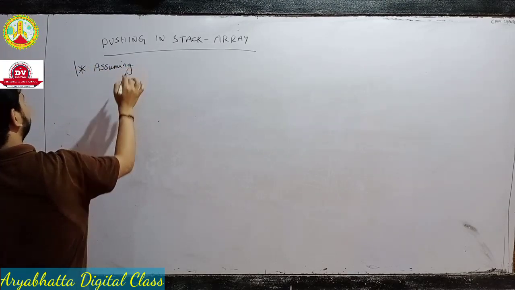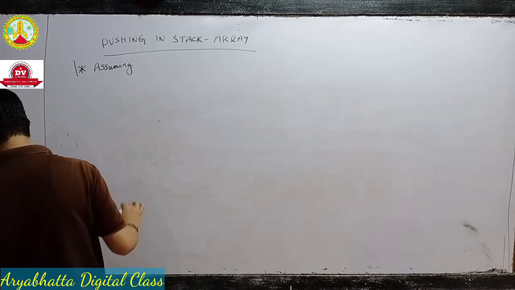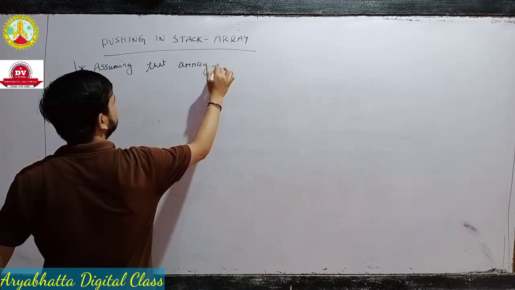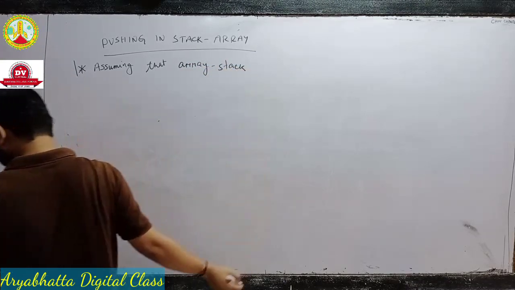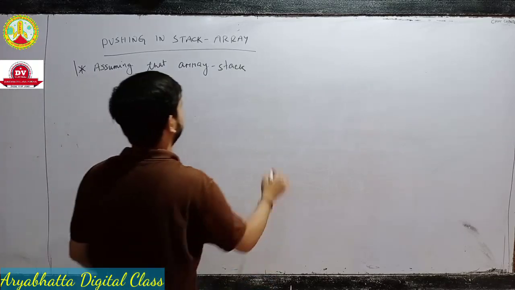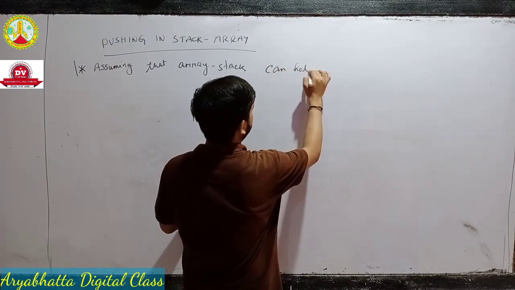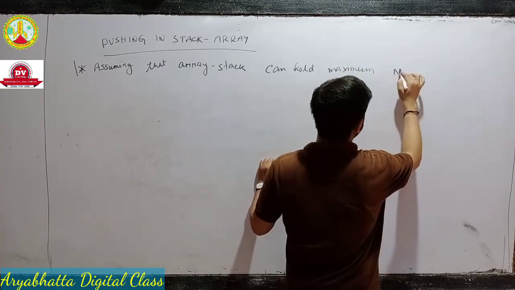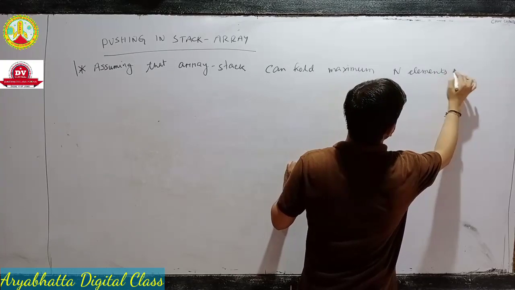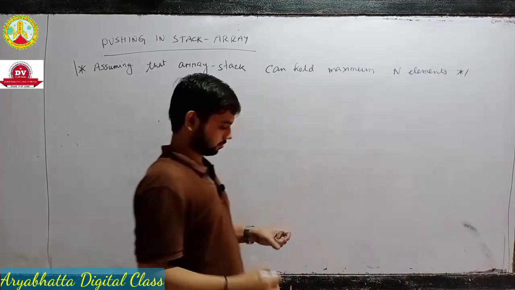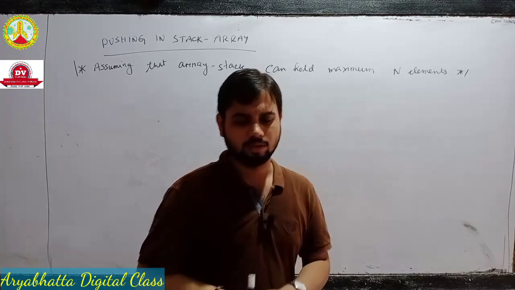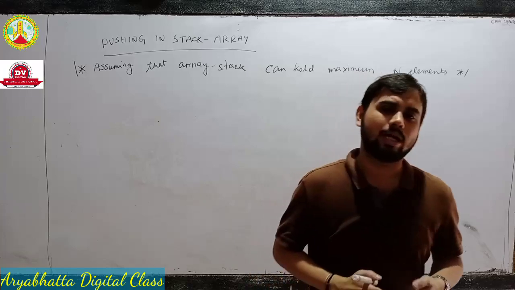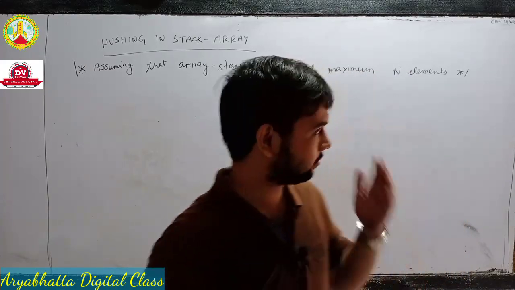This is just a printing line, assuming that the array stack can hold a maximum of n elements. It means we have to assume the stack will contain a maximum of n elements, right?